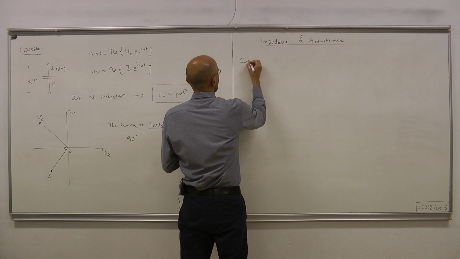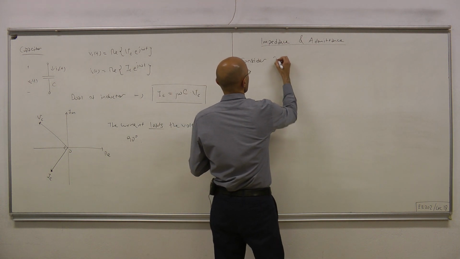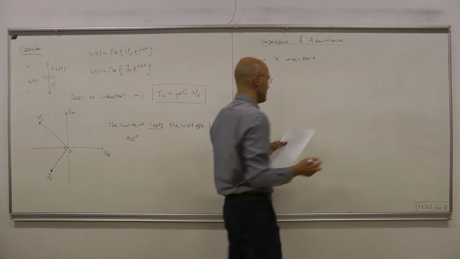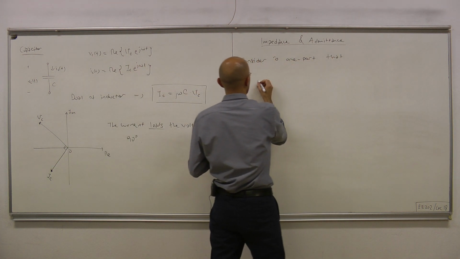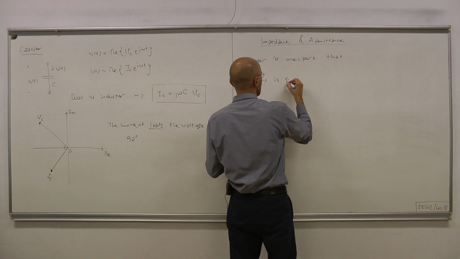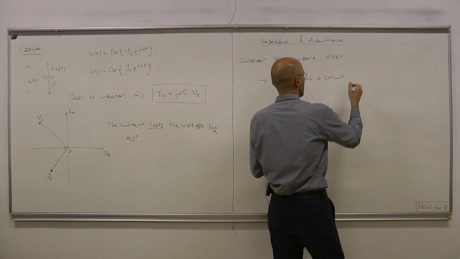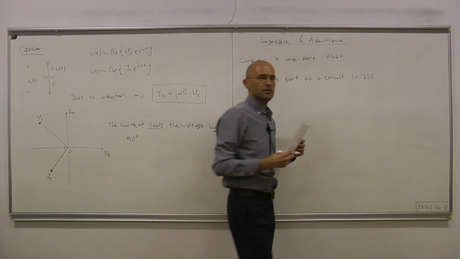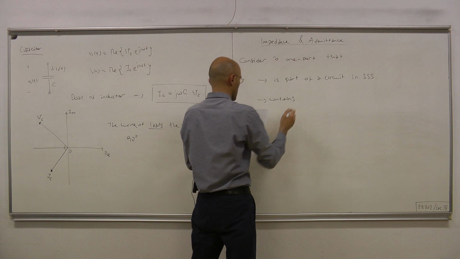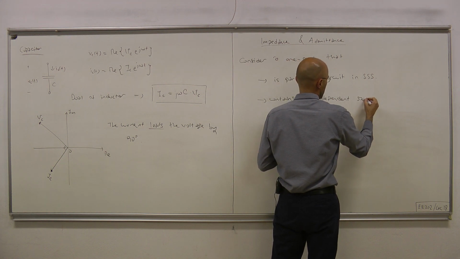Now, here is how it's defined. Consider an LTI one-port that satisfies the following two conditions: it is part of a circuit in sinusoidal steady state, and it contains no independent sources inside.